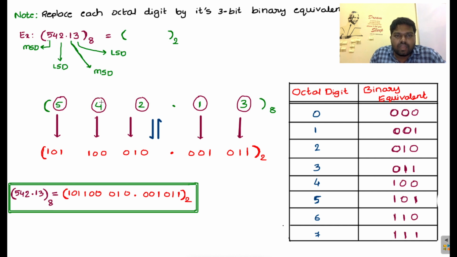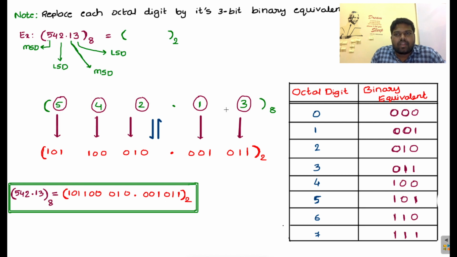This octal 4 has the binary equivalent 100, so replace 4 with 100. Next take 5, the most significant digit. For octal digit 5, the binary equivalent is 101 from this table.